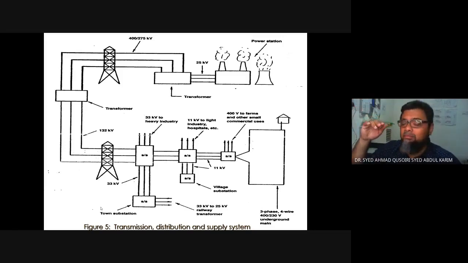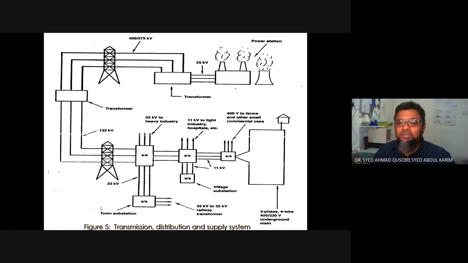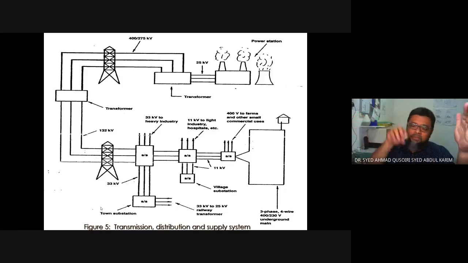Tu dia sedang switch from one transformer to another transformer. Maksudnya satu line tu, ni satu transformer yang supply, line seterusnya transformer ni yang supply, sebab train has to travel long distances kan. So dia sedang tukar dia punya electrical supply from one transformer to another.